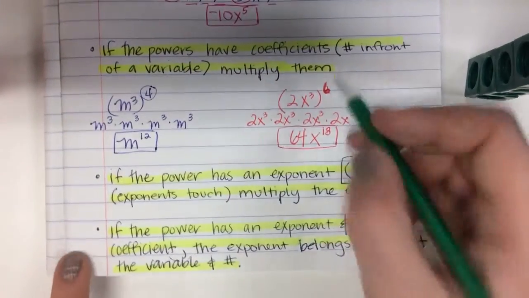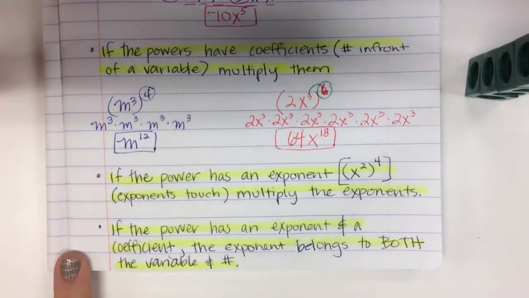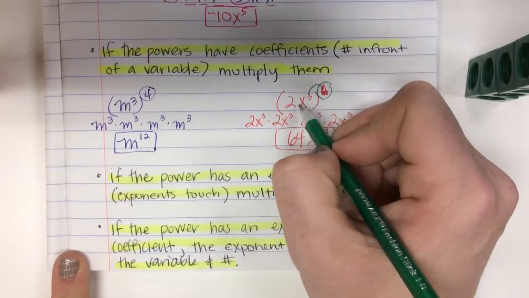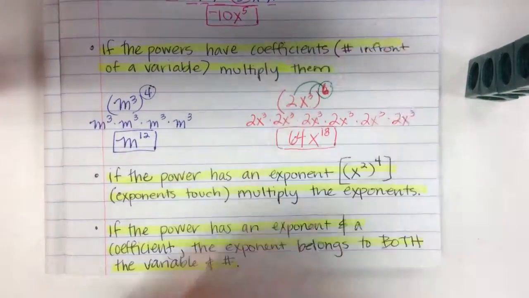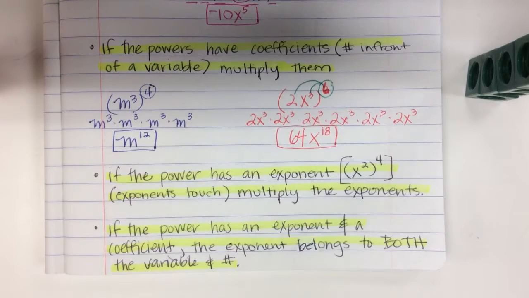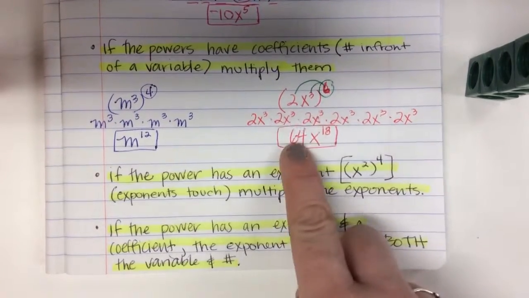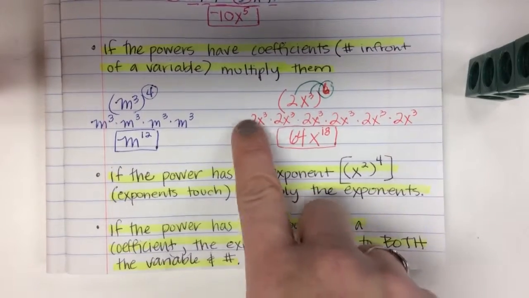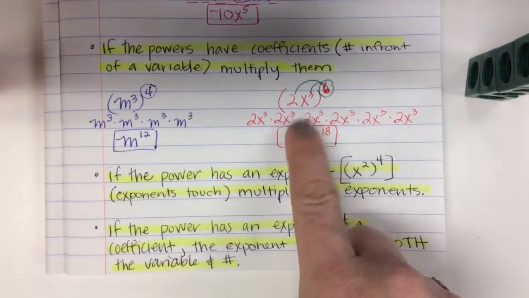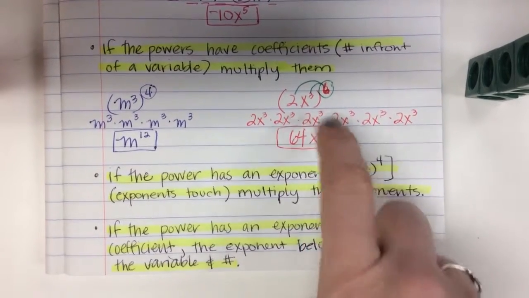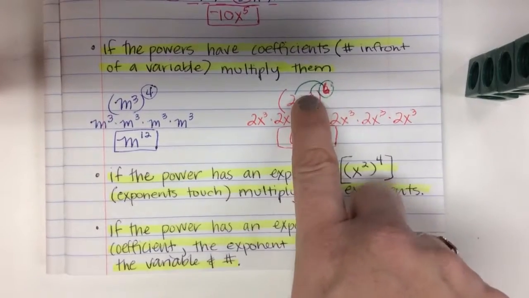Guys, remember, anything outside parentheses gets multiplied inside. So that 6 belongs to the x to the 3rd, and that 6 exponent belongs to the 2. 2 to the 6th power is 64. 1, 2, 3, 4, 5, 6. 2 times itself 6 times is 64. And it belongs in here, you multiply.